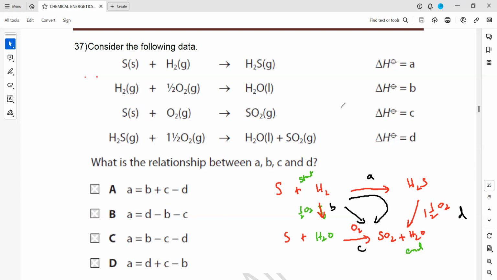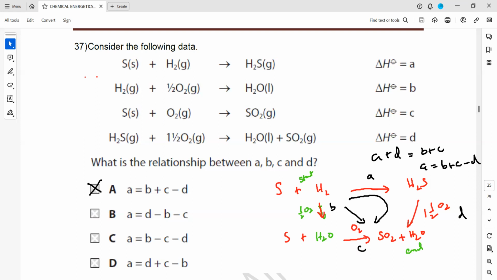So if we follow route 1, according to that, A plus D is equal to route 2, which is B and C. First it is B, so that will be B plus C. If we make A the subject, A is equal to B plus C minus D. With reference to that, A should be the right answer.